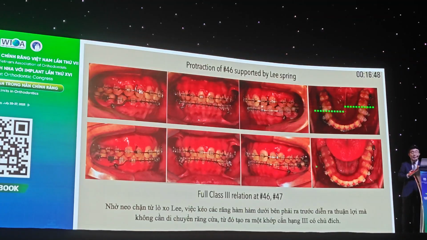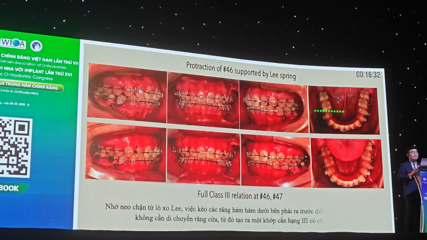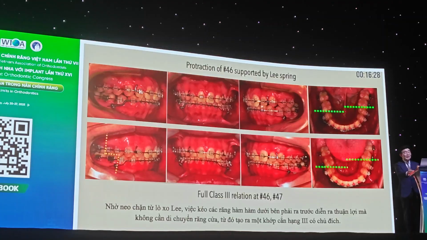Thanks to the anchorage provided by the lead spring, the forward movement of the mandibular right molar progressed smoothly without requiring any movement of the incisors, leading to the formation of an intentional full class 3 molar relationship.